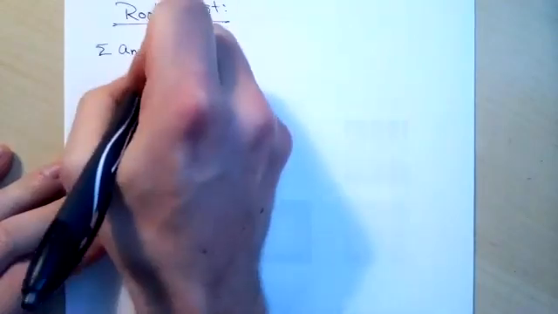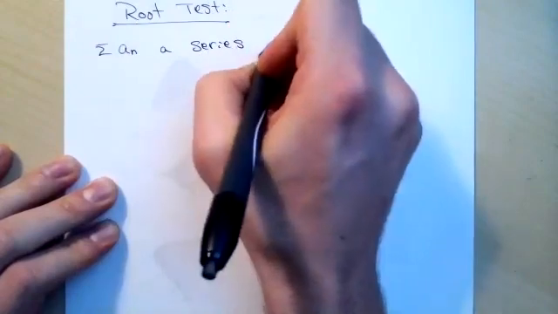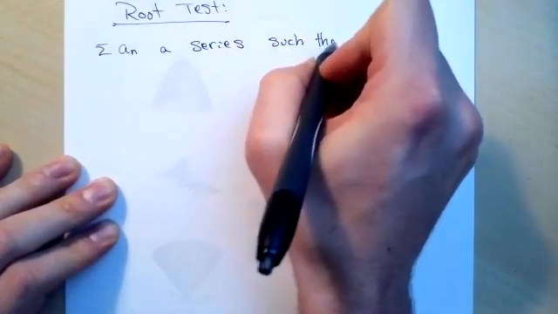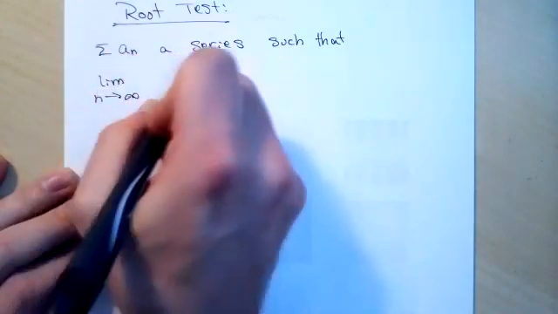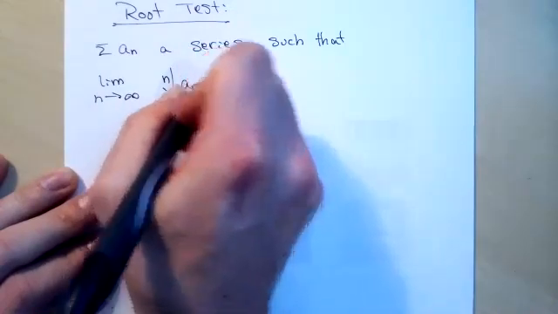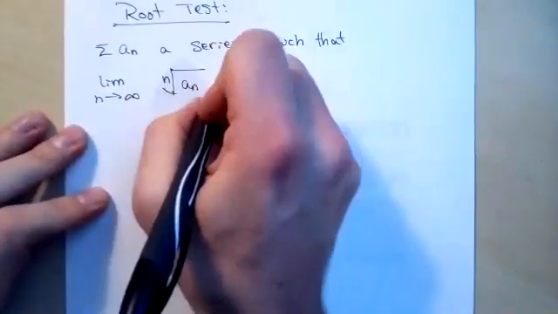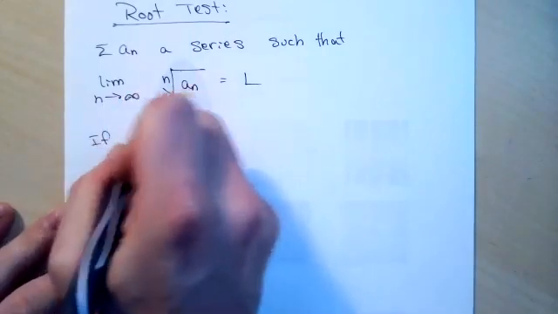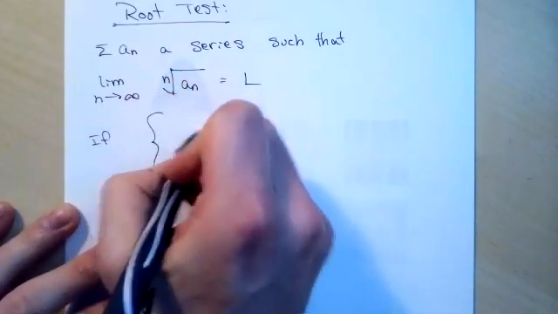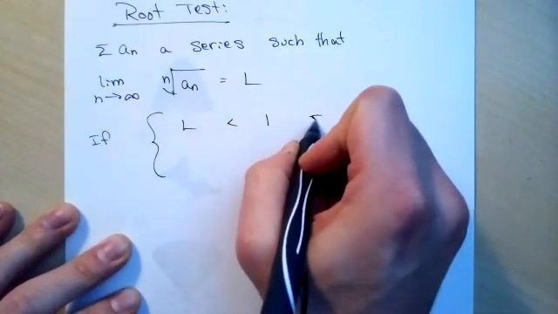So the root test says if we have a sequence or a series, and we compute the limit as n goes to infinity of the nth root of terms, and it's going to be L. Then just like the ratio test, if L is less than 1, the series converges.